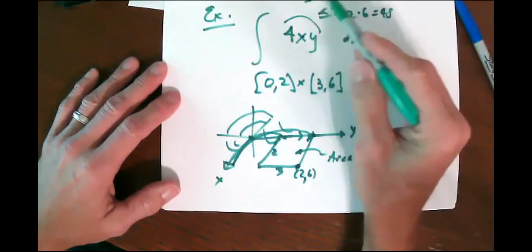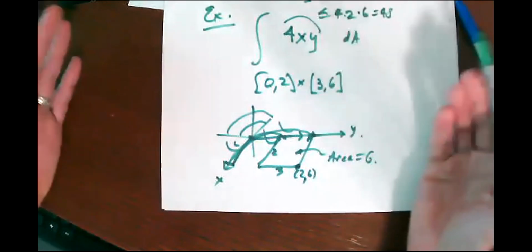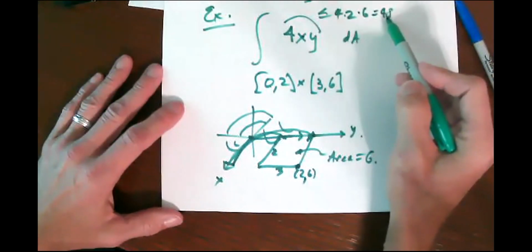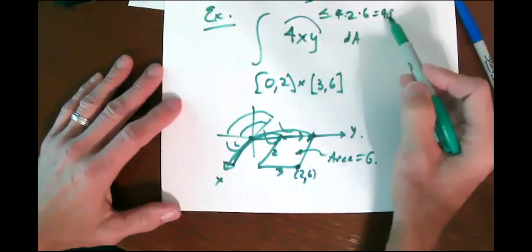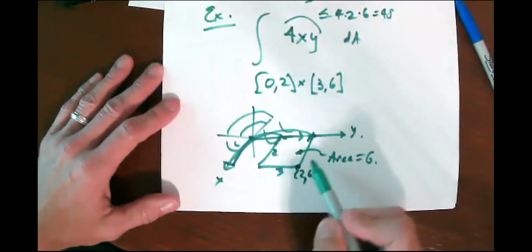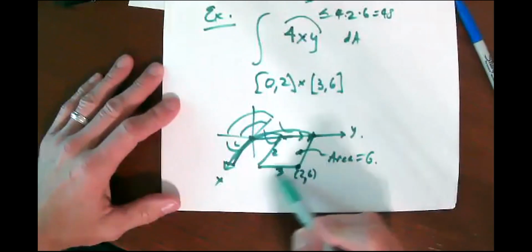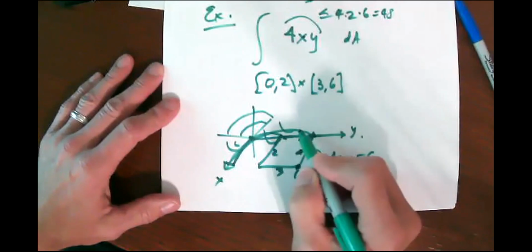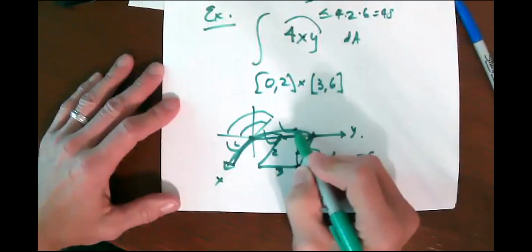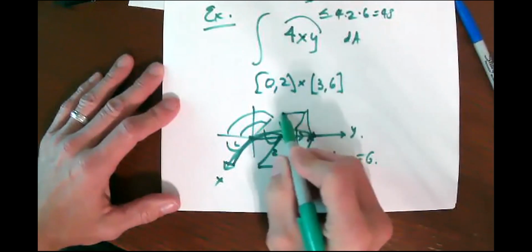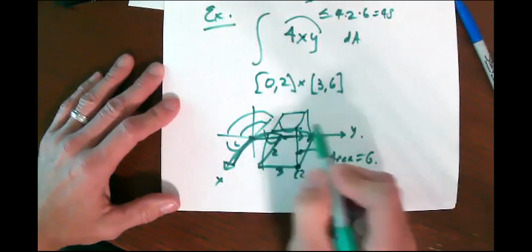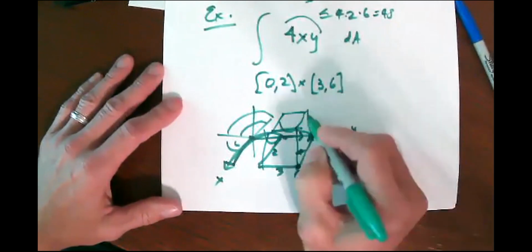That means that the whole thing will have a positive volume, but the whole graph fits inside a box that lies over this rectangle with an area of 6, and it goes up. If I go up a height of 48 everywhere, well, I will have enclosed the entire figure inside this box.